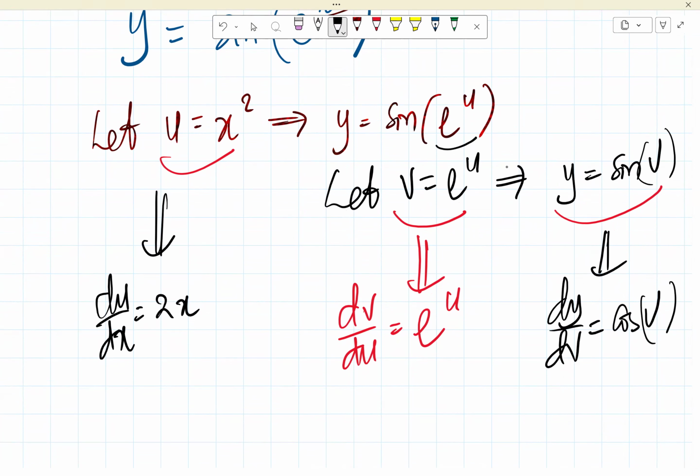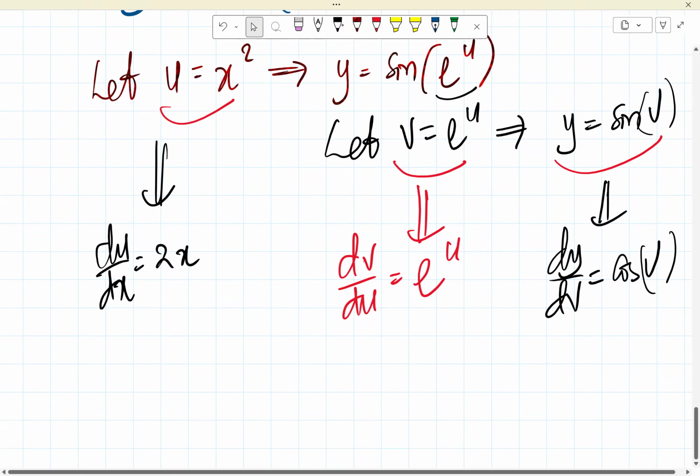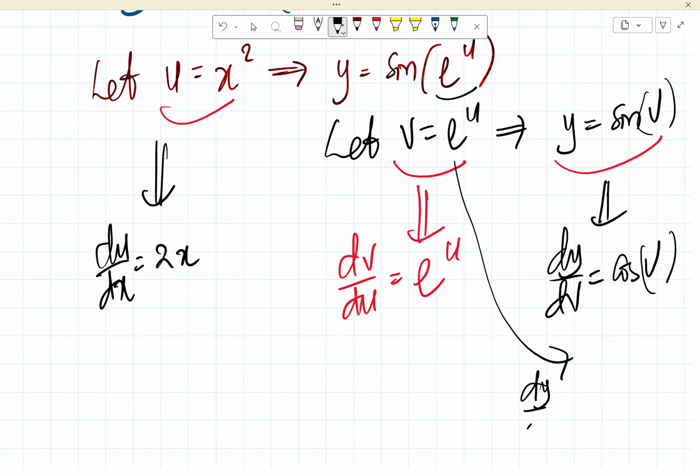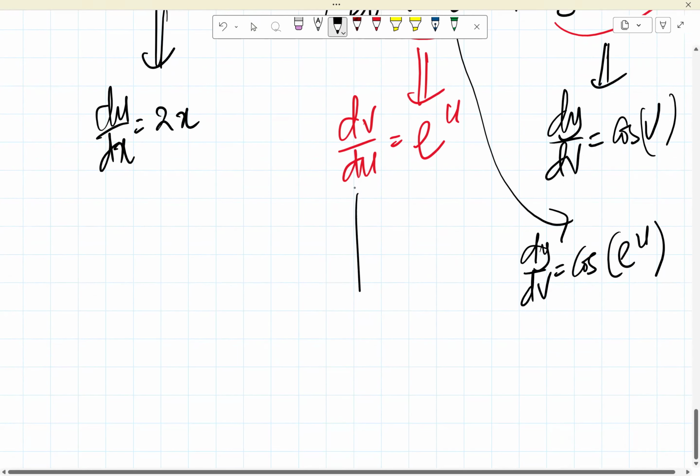So we know v is e raised power u. So based on this idea now that v is e raised power u, we have dy dv equal to cos of e raised power u. And what else do we have to do? So this one now, let's bring it down.